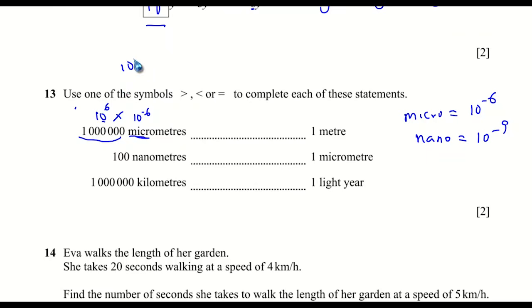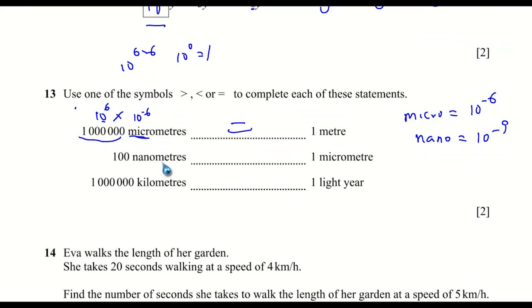From the law of indices, you select one of the bases and add the powers. So it will be 6 minus 6, that will be 0. 10 to the power of 0 is 1. So it will give you 1 meter. So this is equal to 1 meter.